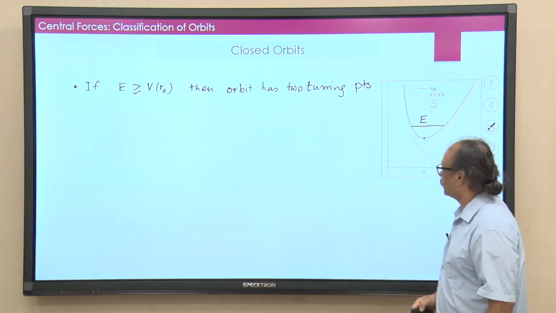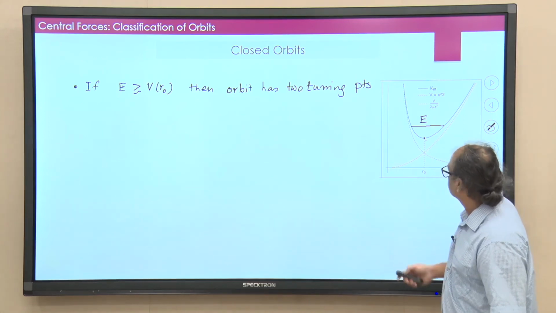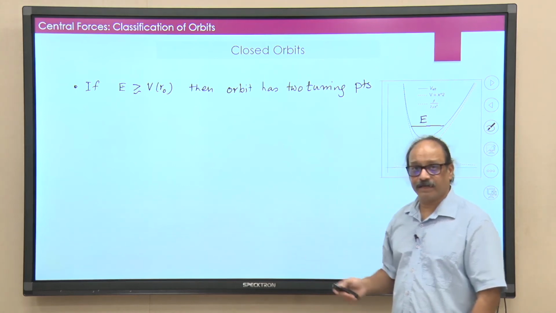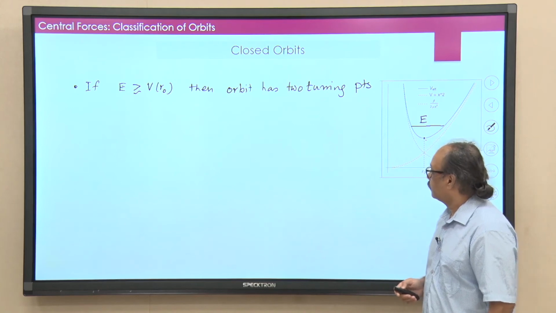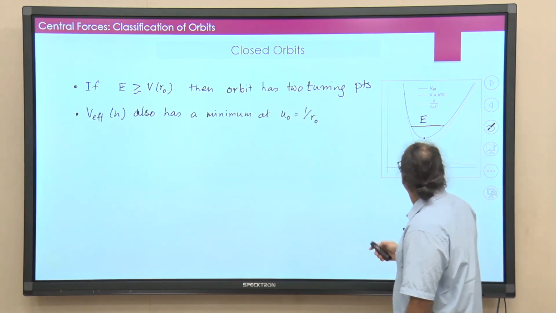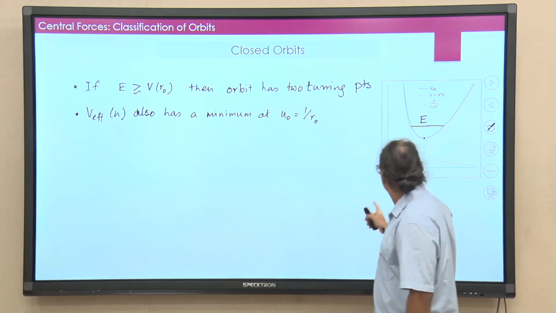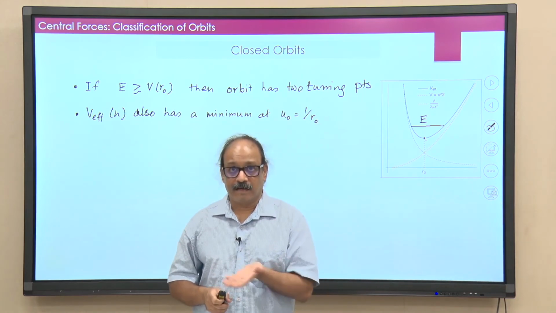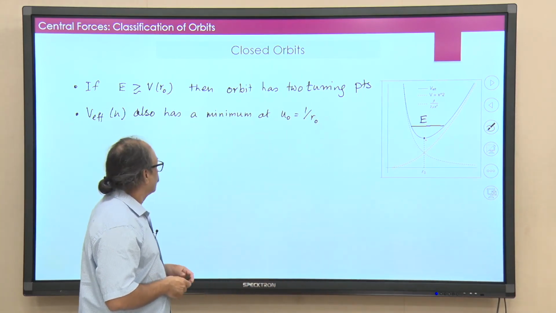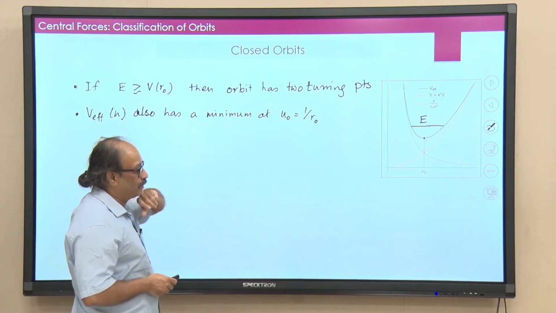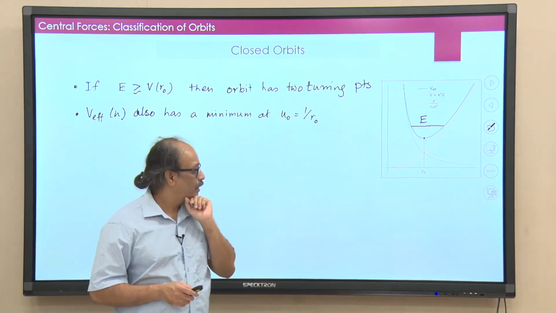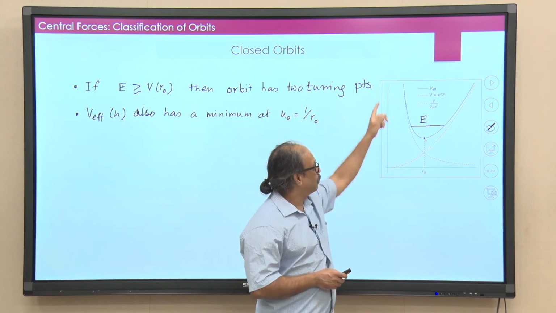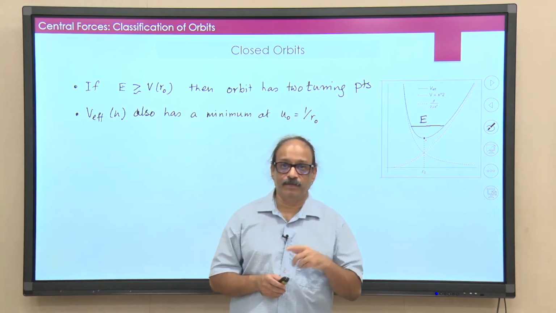So, that is what we expect, and whether that orbit would be closed or not is the question, and we will derive a condition for closed orbits. So, if I write the same thing, remember V effective has a minimum in R, that is at R naught V effective is minimum. If I take the variable U, U is 1 over R. How would this graph look if I try to plot the potential as a function of U?